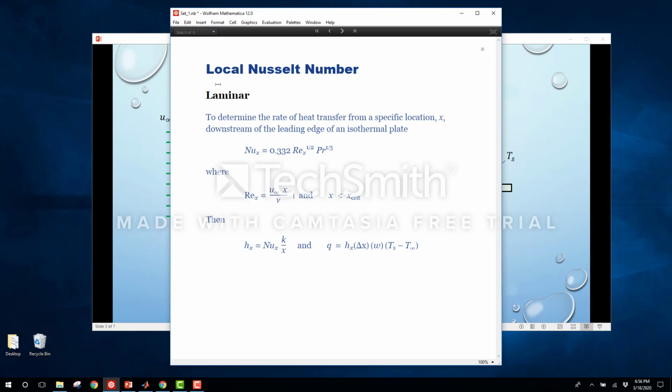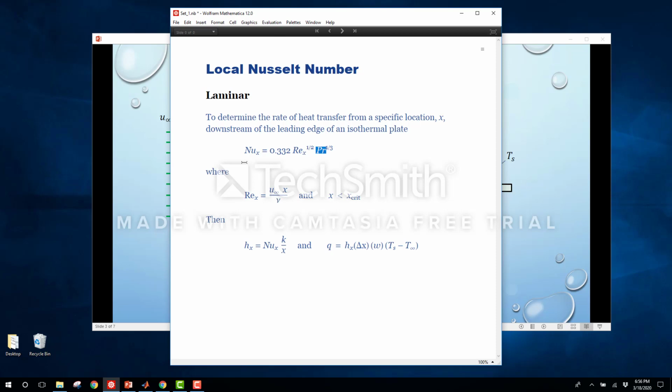And since we're using a laminar correlation, we are requiring that this x location be less than x critical. So then once we've verified this and calculated the Reynolds number, in this case we would have to get this fluid property based upon the film temperature, and the Prandtl number based upon the film temperature.